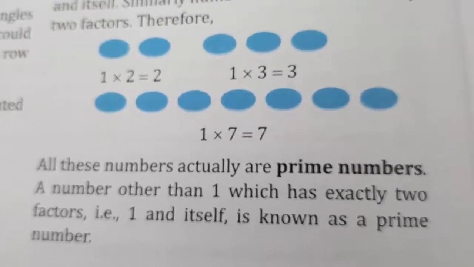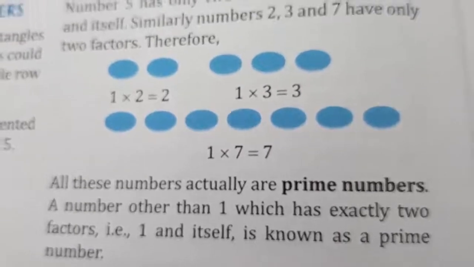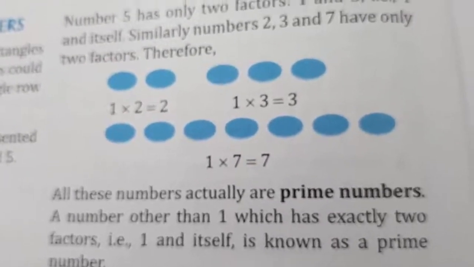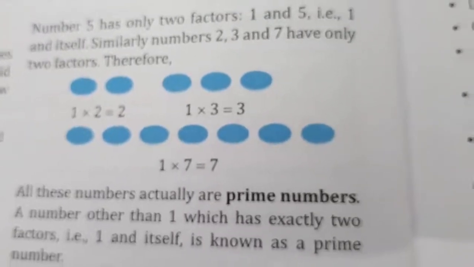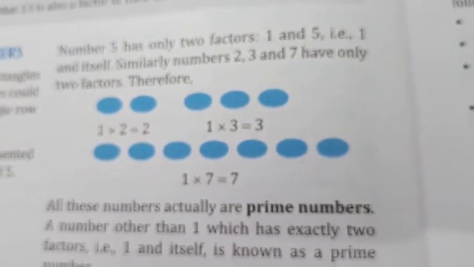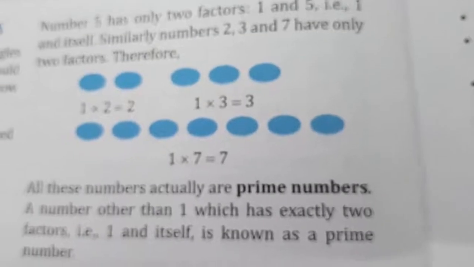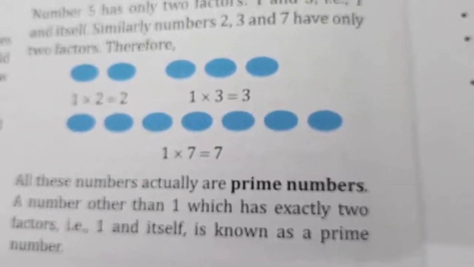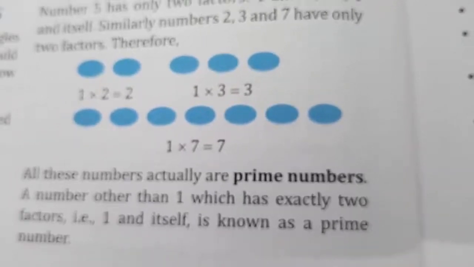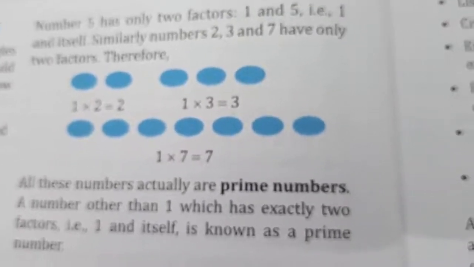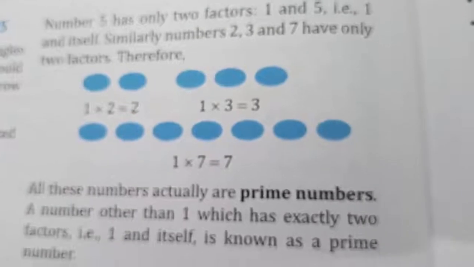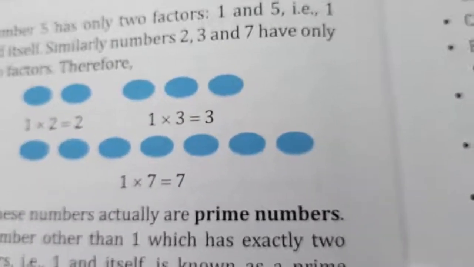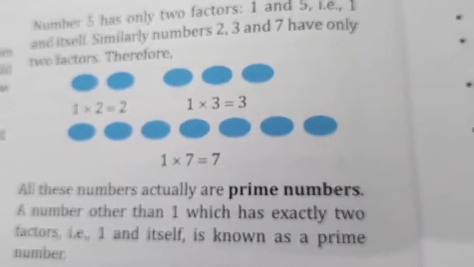We will not take 1 as a prime number, and we will not take it as a composite number either. Other than 1, the numbers 2, 3, 5, 7, 11, 13 and 17 have only two factors: 1 and the number itself. So the numbers which have only two factors, 1 and the number itself, are called prime numbers.